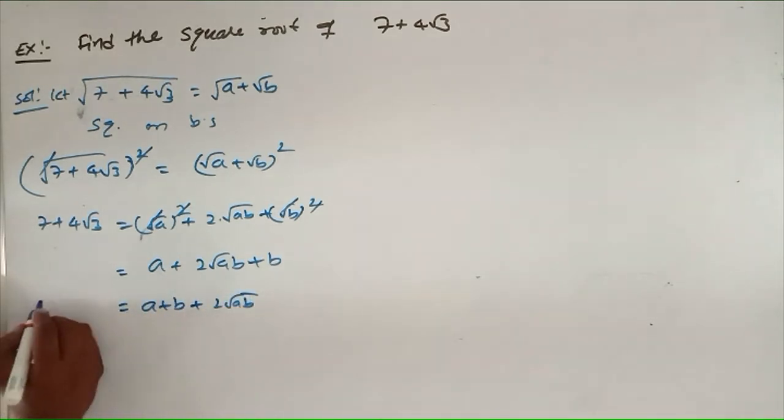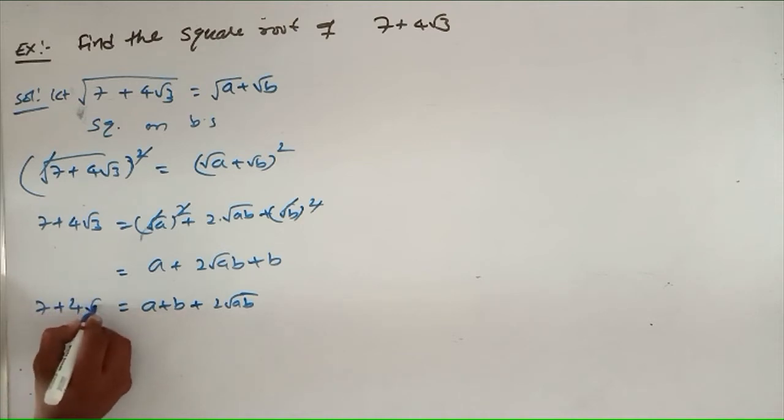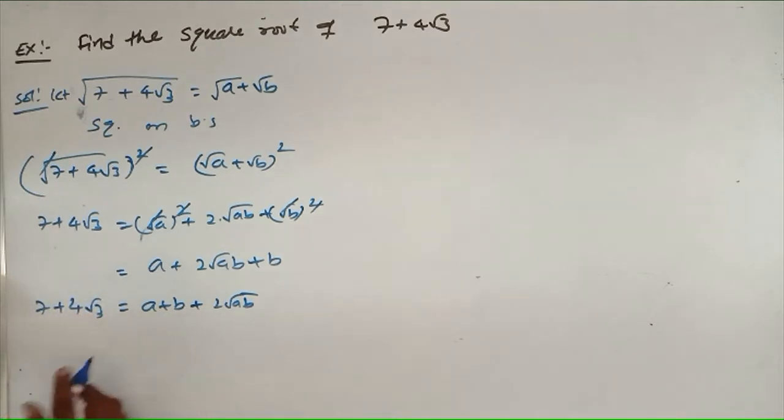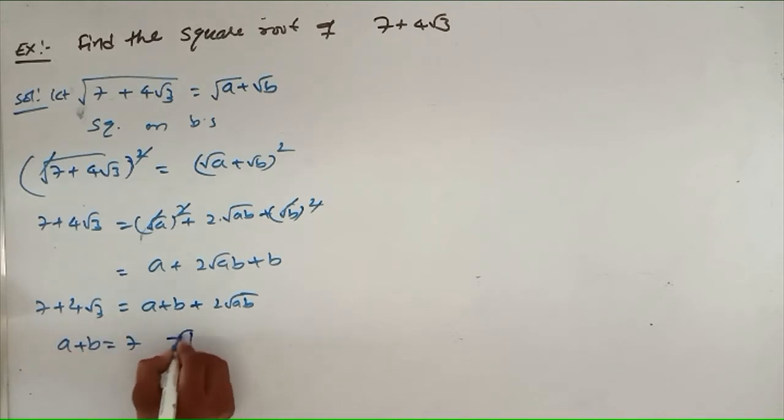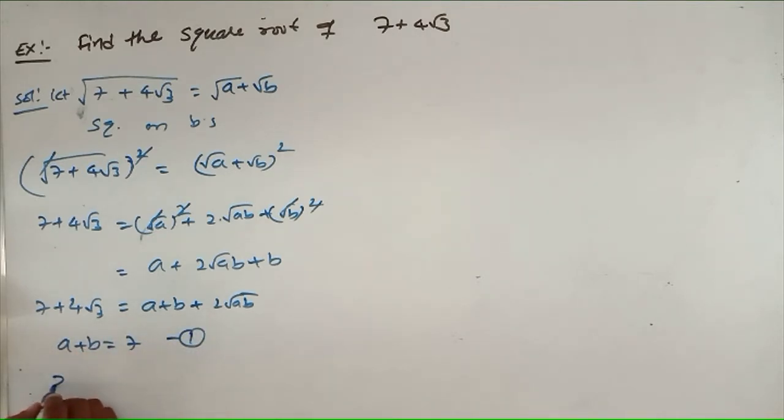Now compare with LHS. Since root is there, we have to compare the roots. Now a plus b is equal to 7. This is the first equation, and the next is 2 root ab is equal to 4 root 3. So root ab is equal to 2 into square root of 3.